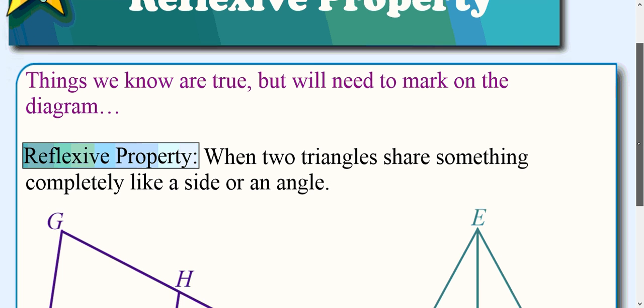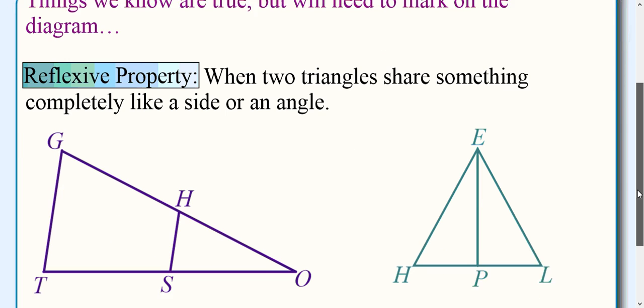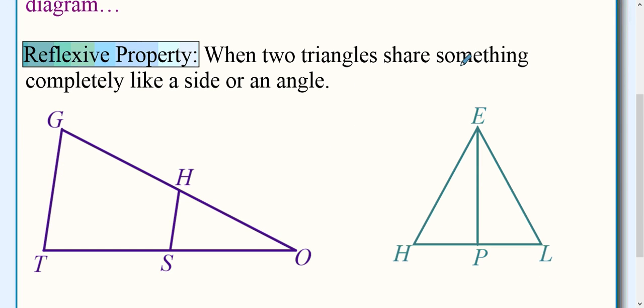So the reflexive property kind of reminds me of the word reflection, because when you look in the mirror, you see a reflection, you see yourself. Reflexive property is saying that something is congruent to itself. And that's going to be useful when 2 triangles share something like a side. Could be an angle, but usually it's side, but it could be an angle.